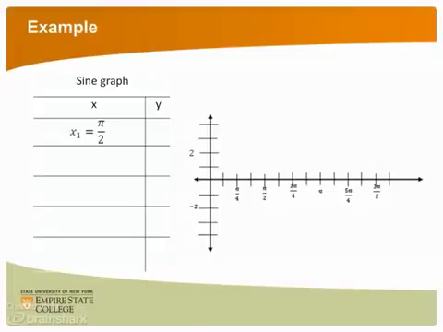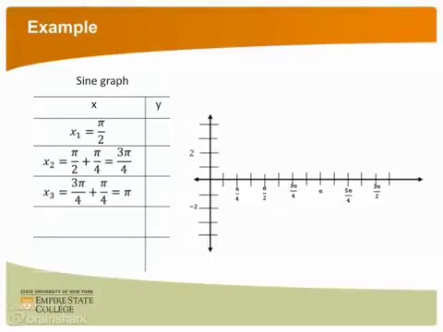Now we will find our critical x values. The first is simply the phase shift, or pi over 2. The next x value is our first plus the increment value. We have pi over 2 plus pi over 4, which simplifies to 3 pi fourths.